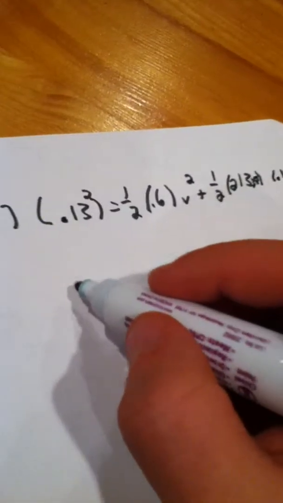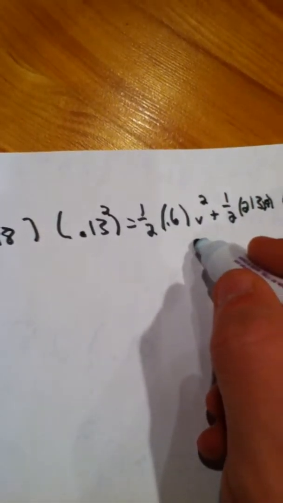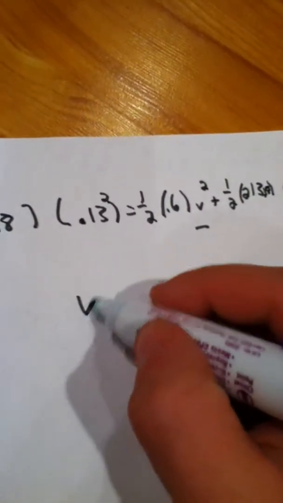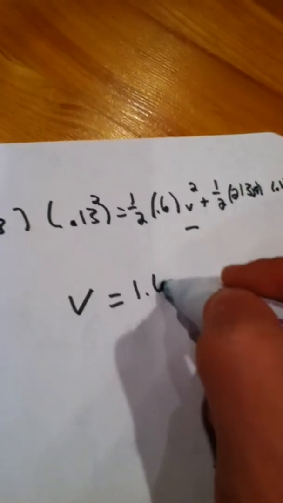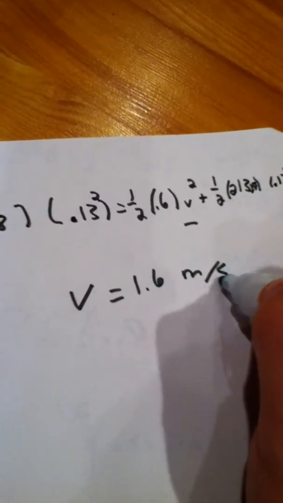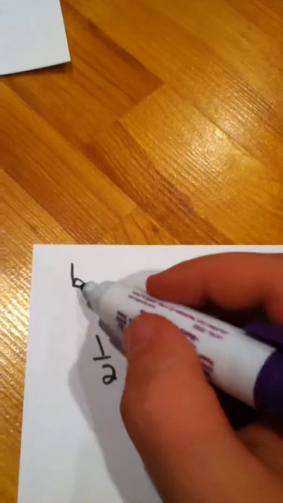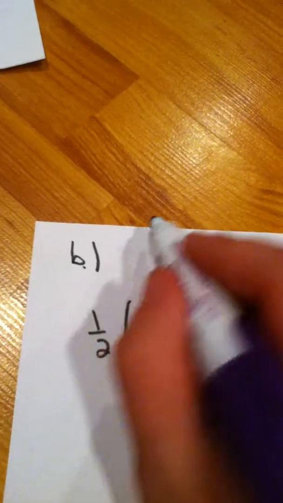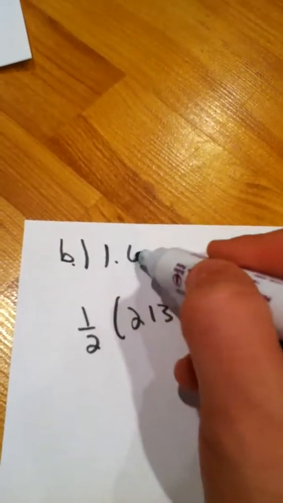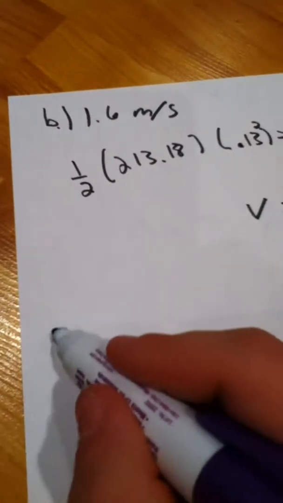And we do all that math out, and we're left with v, which equals 1.6 meters per second. So the answer to B is 1.6 meters per second.